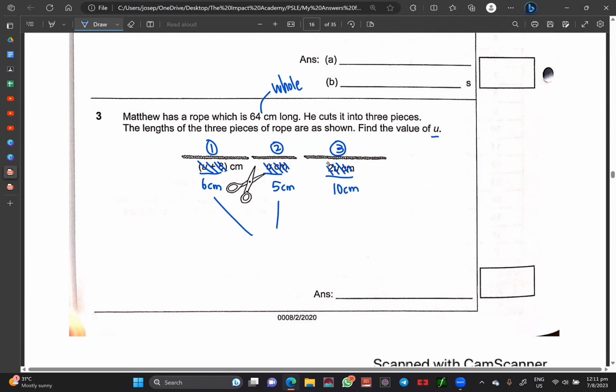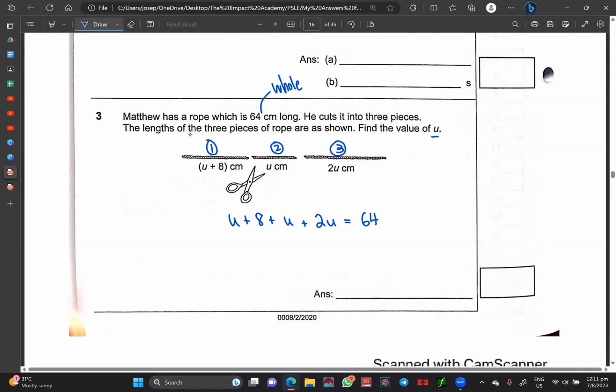You will tell me that when I add these three up together, I will get 64. Right? So actually it is the same thing. Instead of having the value, they now use the alphabet u to represent it, because this is algebra, isn't it? So the process is still the same. We will still say that u plus 8 plus u plus 2u is equal to 64 cm.